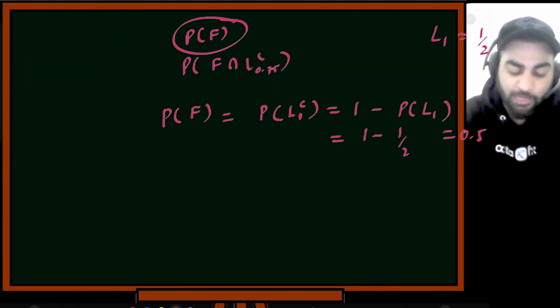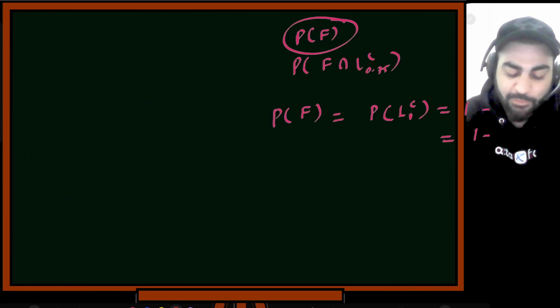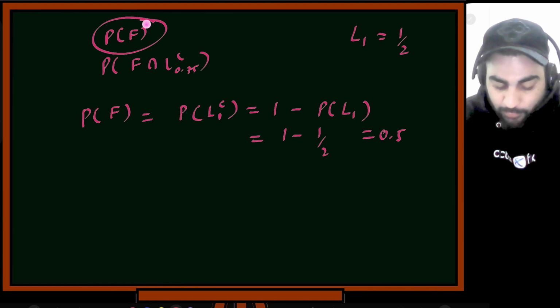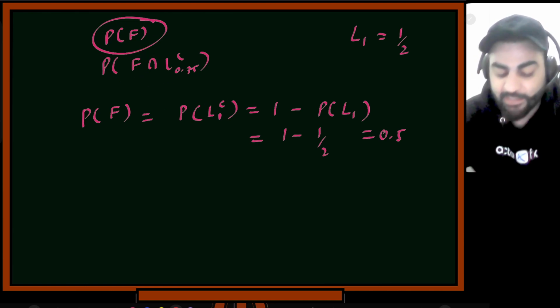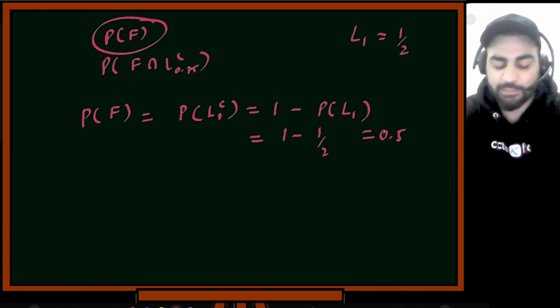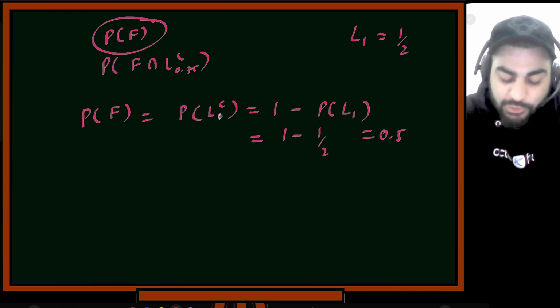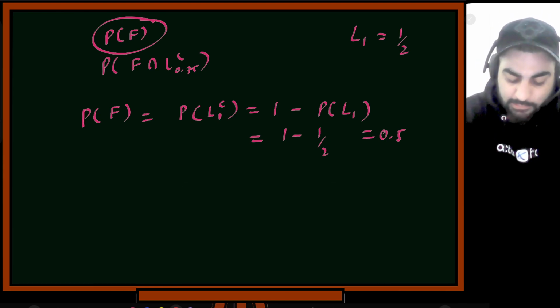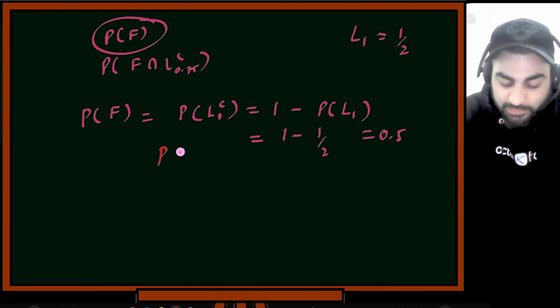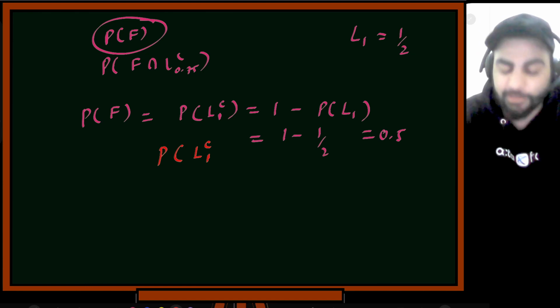So to compute P of F given L 0.75 complement, I have to compute P of F and P of F intersection L 0.75 complement. So how to compute P of F? P of F means the student will take the full hour. I'll write it as the probability that the student will take less than 1 hour, its complement. That means the student will take the full hour.